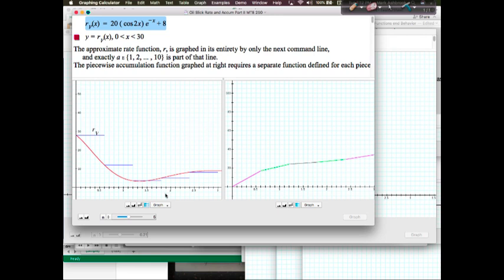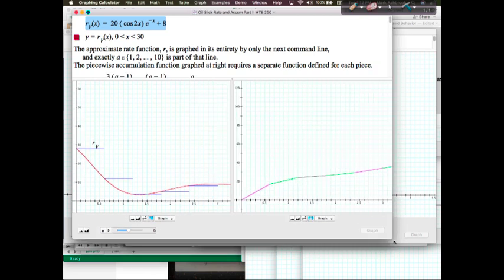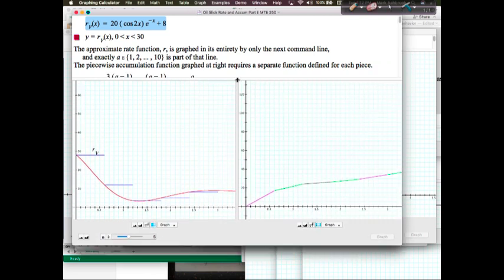Now, the other one is also related to what we did today, very closely. The approximate rate function RV is graphed in its entirety by only one command line. This is part of that line, the idea of applying a line using a repeated parameter.